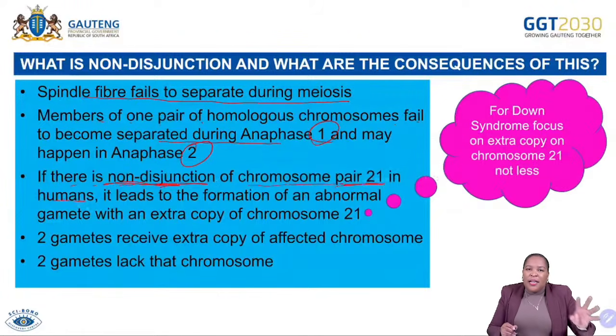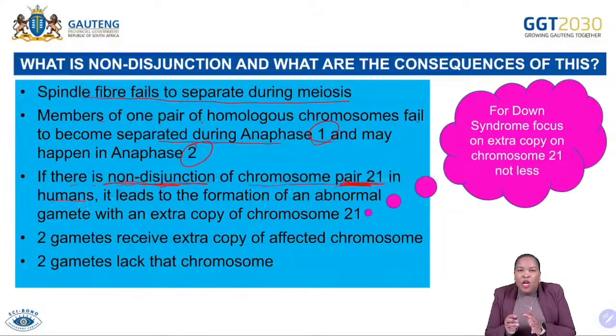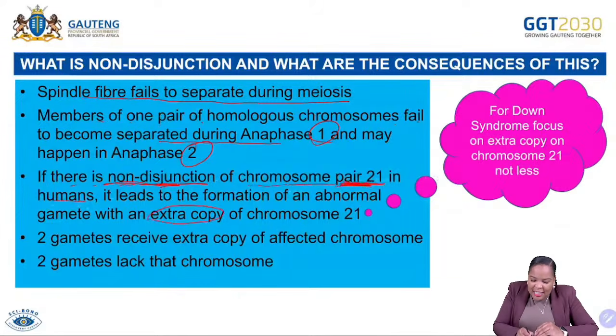Human beings have different genetic disorders and also some other animals. So at chromosome pair 21, if there is that failure to separate and you end up with an extra copy of chromosome 21, we call it what? Trisomy 21, and it may lead to a condition called Down syndrome.